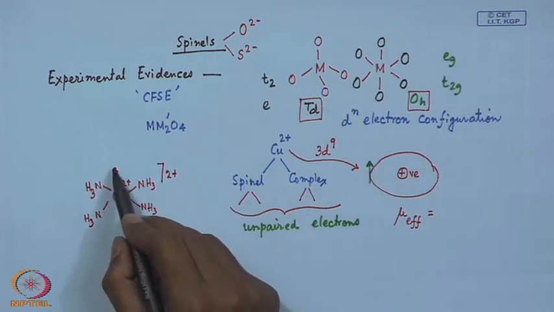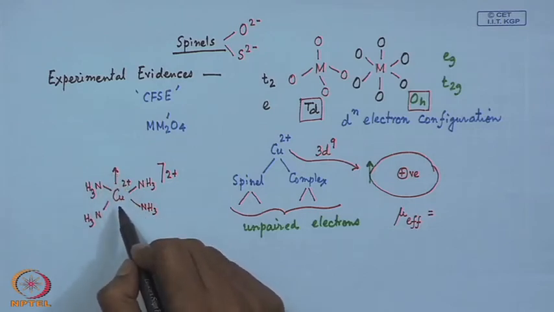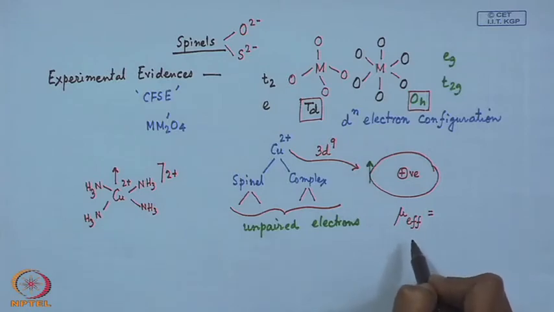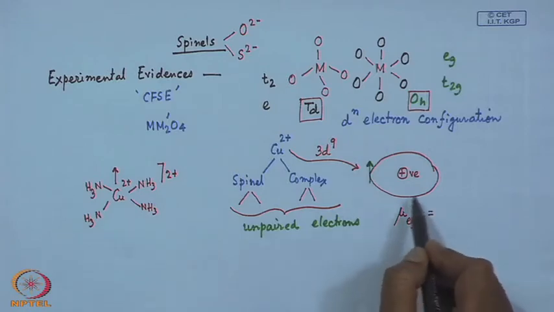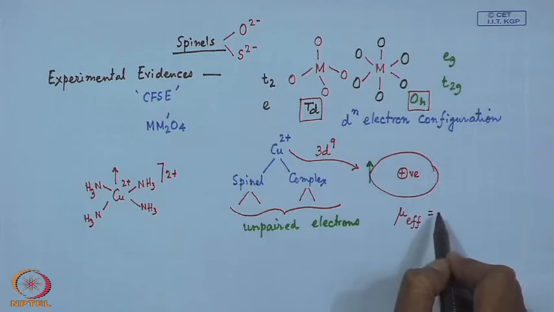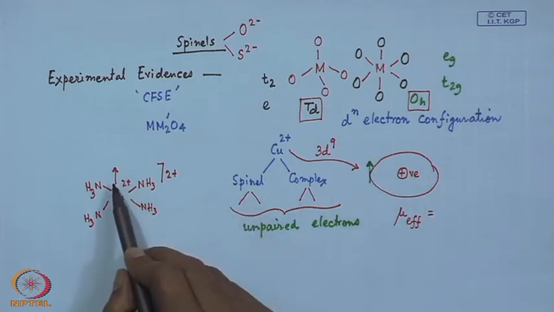So, this particular unpaired electron residing on the single copper center can give rise to a typical paramagnetic center, and it can give rise to the corresponding magnetic moment value due to the presence of one unpaired electron.